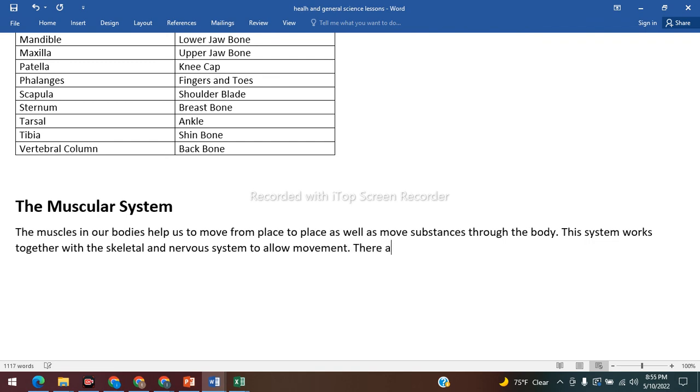Well, there are 5 main functions, at least according to the steps of this system. Of course, we could delineate more.